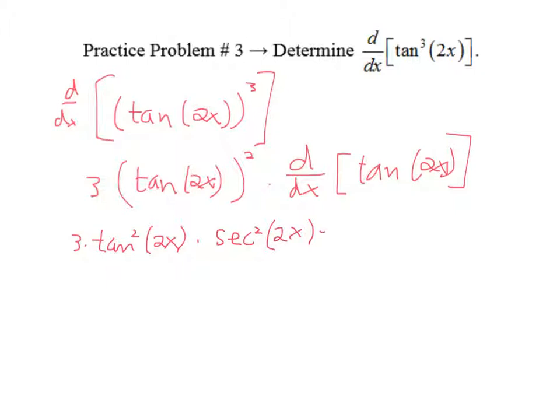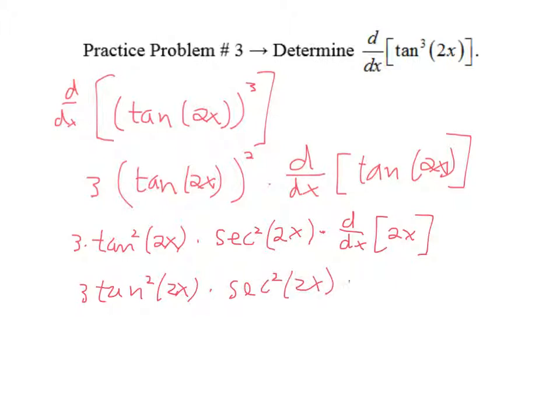And now we need to multiply by the derivative of the inside function, so times d dx of 2x, okay? And so we end up with 3 times the tangent squared of 2x, all right, times secant squared of 2x, and then times 2, okay? So you can start to see maybe with this example why they call this the chain rule.